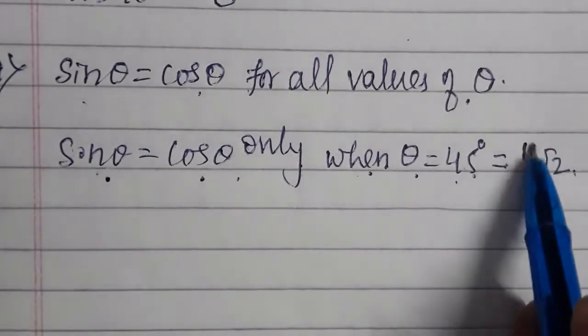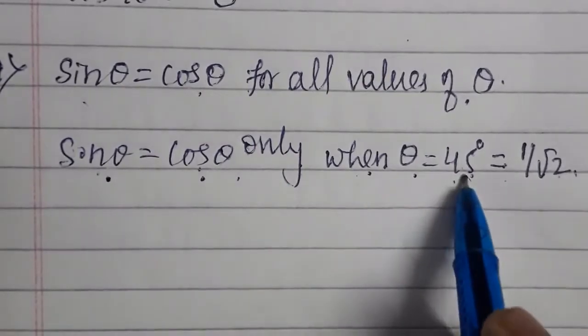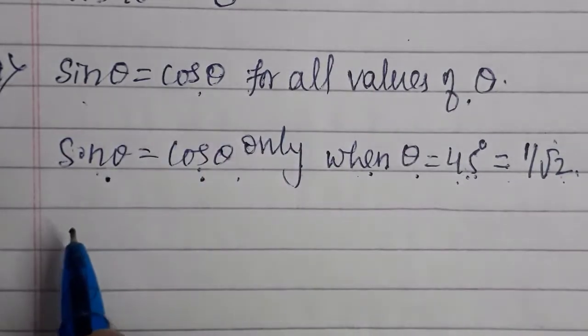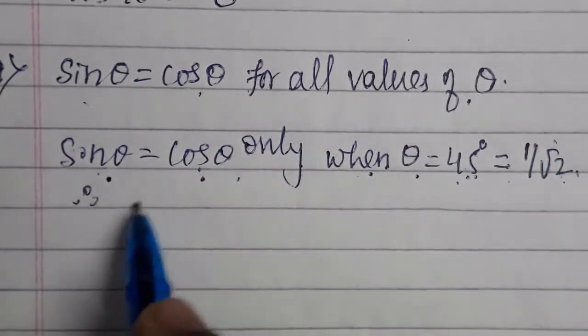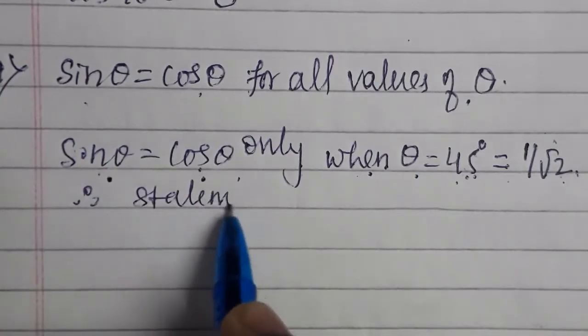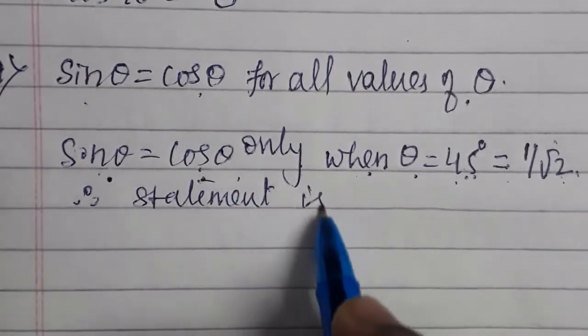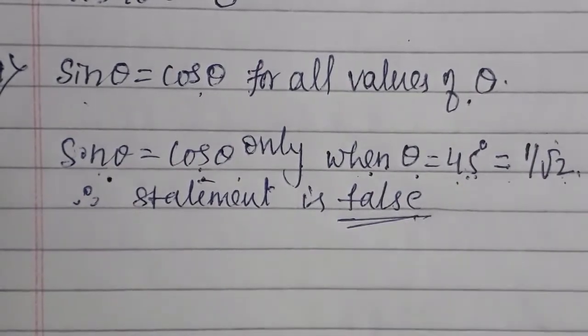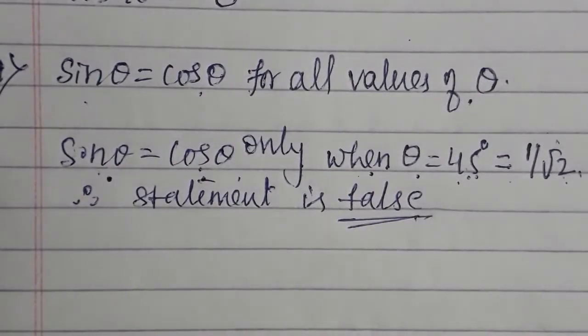Sin 45 is 1 by root 2 and cos 45 is also 1 by root 2. Therefore we can say the statement is false. The remaining angles will not have the same value.